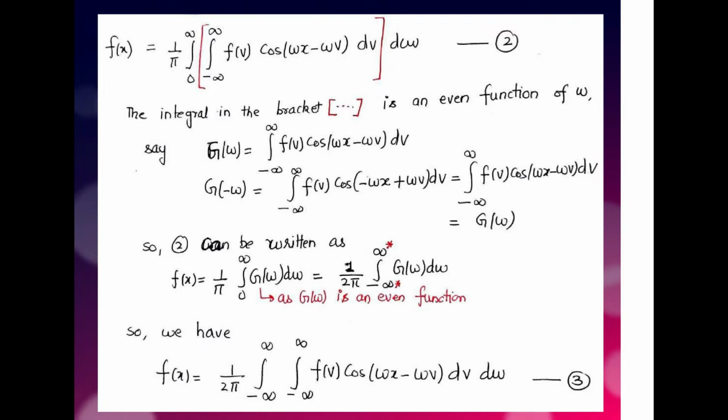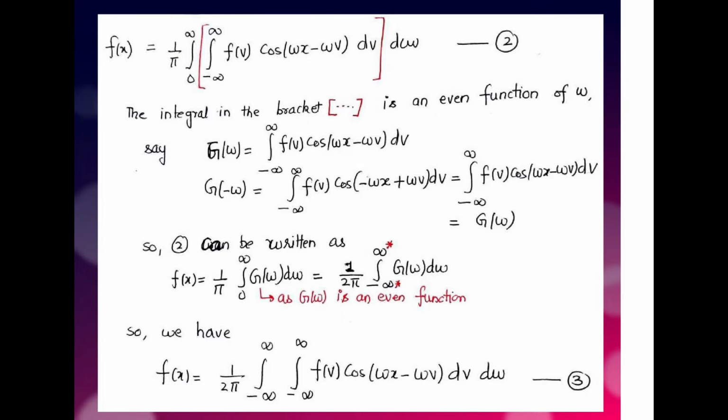So we are claiming that this inner integral, after integration, is an even function of w, and we can easily prove this. Let g(w) be the inner integral from minus infinity to plus infinity of f of v cos of (wx minus wv) dv.